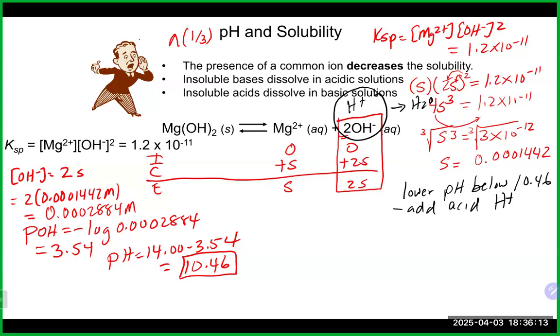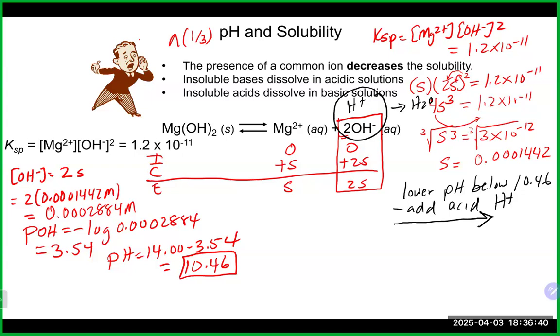And that will essentially be like removing hydroxide. And Le Chatelier's principle would tell us that the equilibrium then should shift to the right, and that will actually increase the solubility of it. This is an insoluble base. If you add acid to it, it's going to cause a shift in equilibrium to the right because you're removing hydroxide, and more of it will dissolve in this case.